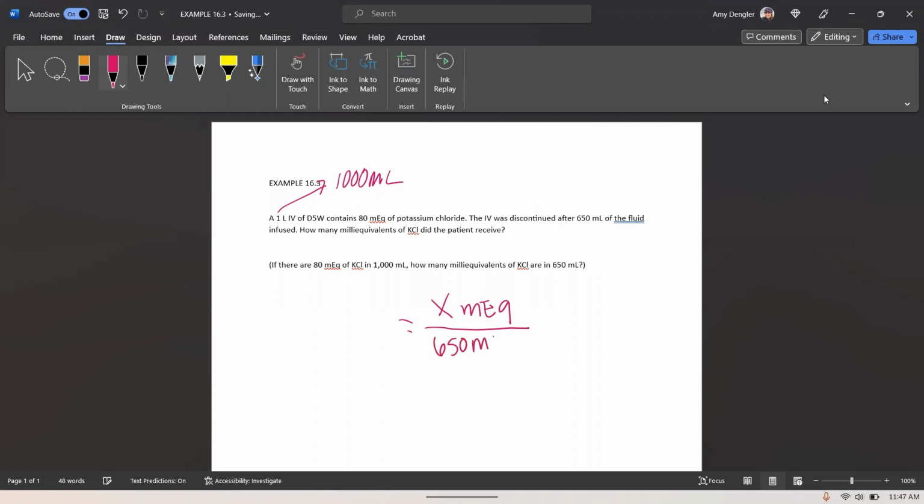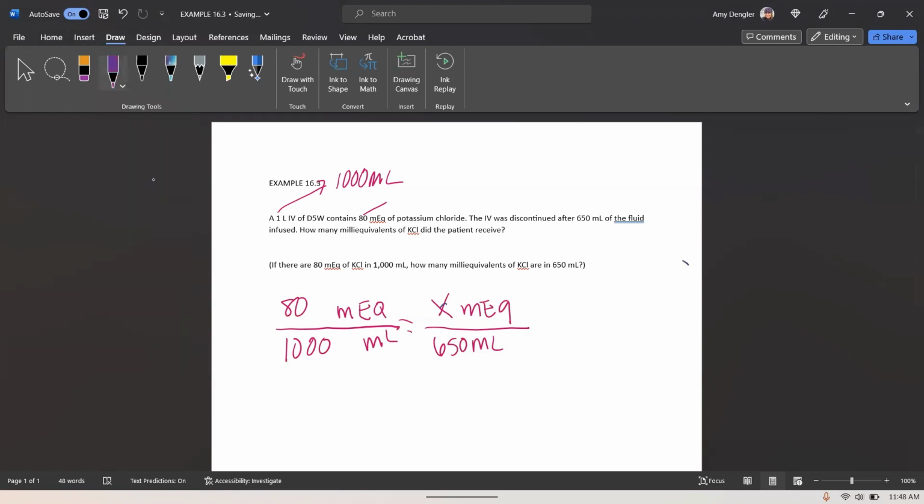How many milliequivalents did they receive from the 650 ml they got from the IV? So then on the other side, of course, we need milliequivalents and milliliters. So our milliequivalents are going to be the 80. And our milliliter is going to be that 1,000.